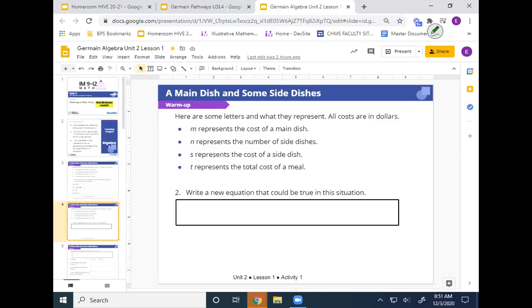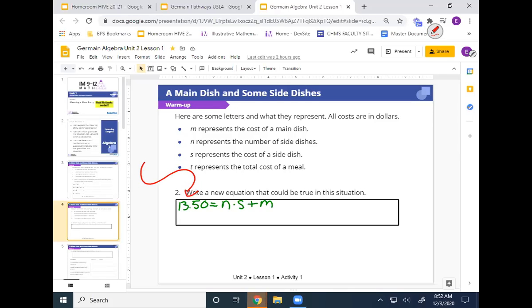I'm going to start to write a few of them down. So Max gave us one of 1350 is equal to, and then he took that last one, n times s. I put the little multiplication sign so that you knew. Plus m. That's fantastic, Max. He substituted a value in for that total cost. Very good.